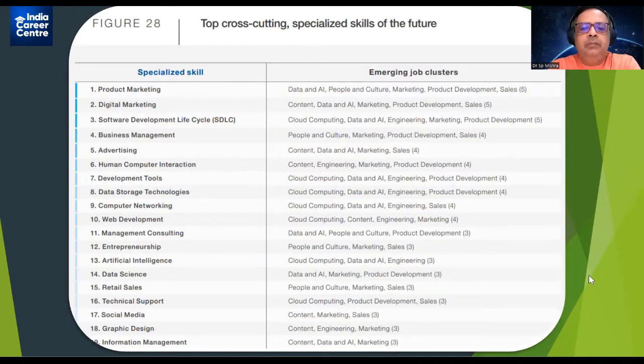This particular chart is basically trying to show which are the specialized skills one can attain, and that can help into what kind of emerging job clusters where somebody can be engaged on a full-time occupation. You can actually pause the video and see this chart a little carefully.